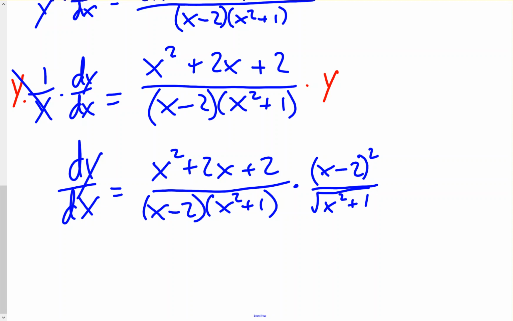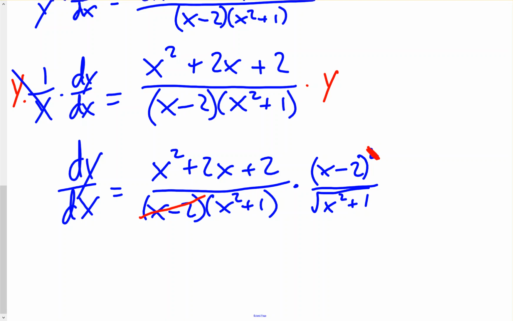Then we could actually simplify this a little bit. We have (x minus 2) squared on top and an x minus 2 on the bottom. Let's cross out 1 from the bottom with 1 from the top, so I can cross out my exponent.